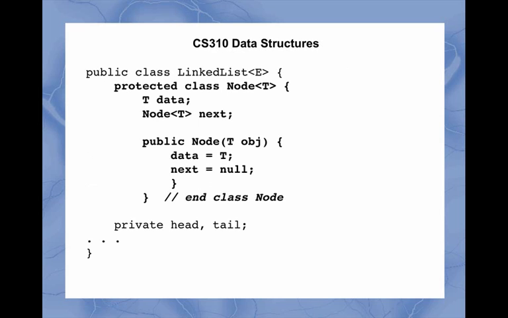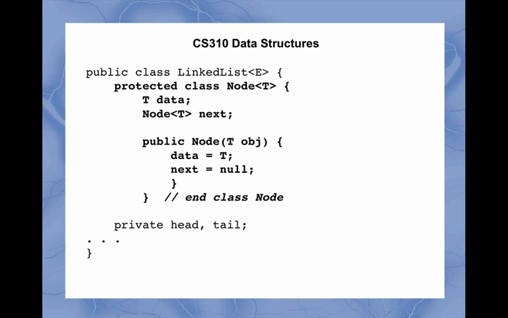So here we see the beginnings of a public class LinkedList, and I have an inner class Node. This inner class has two fields, type T, which is the generic parameterized type data, and then a Node that will point to the next element in the list.